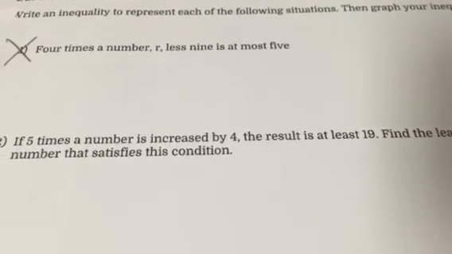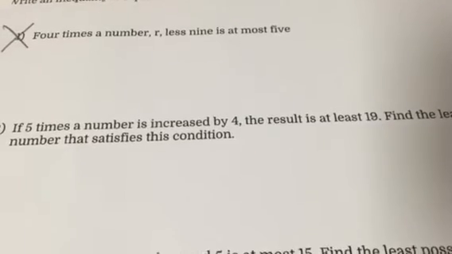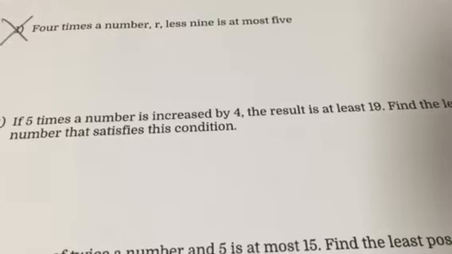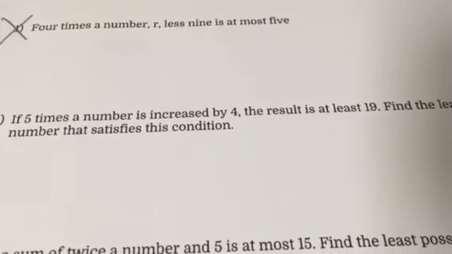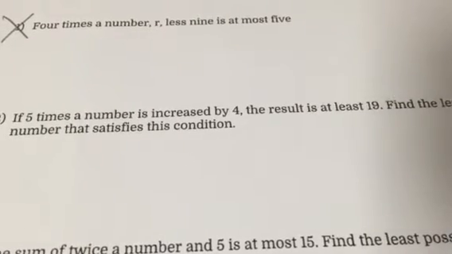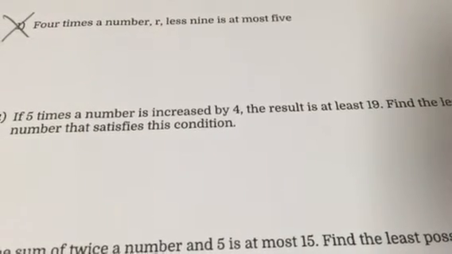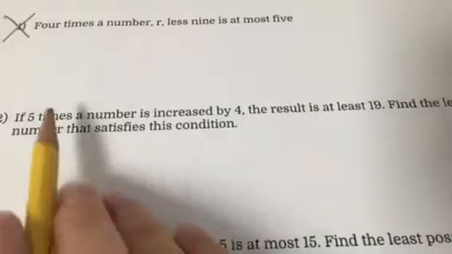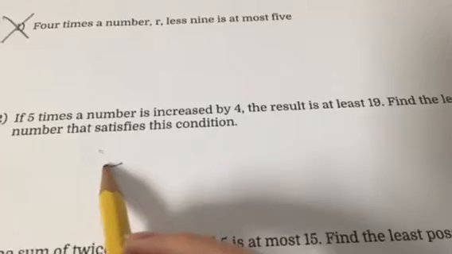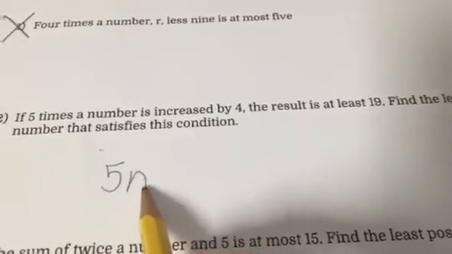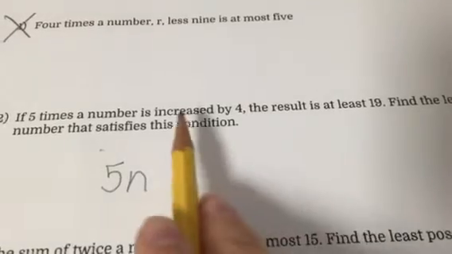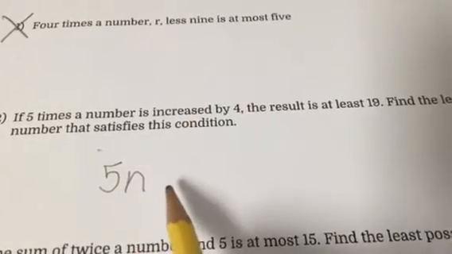Number 2 says, if 5 times a number is increased by 4, the result is at least 19. So to translate, I'm taking those words and I'm changing them into letters and numbers. So 5 times some number would look like this. 5 times a number is like writing 5n. Is increased by, well, that would be adding.